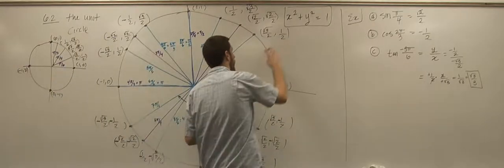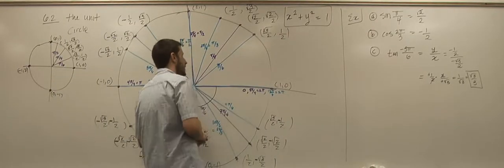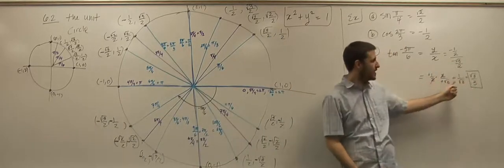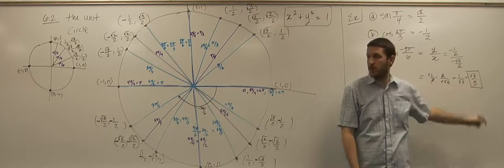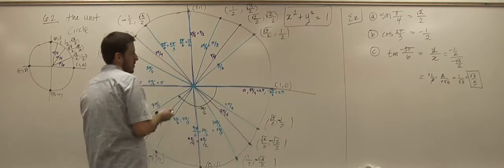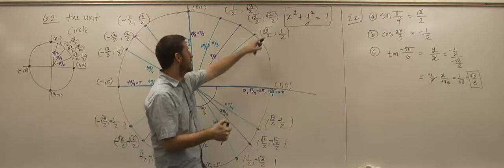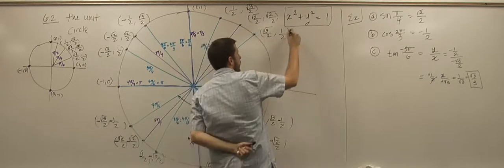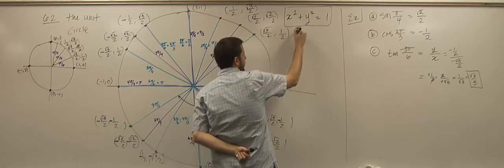One other useful thing is the values of tangent. It's kind of tedious, so it might be worth your time to memorize the values of tangent. Tangent only has 3 values, and they're not hard to remember for these special angles. It always increases, so tangent starts with the fraction.